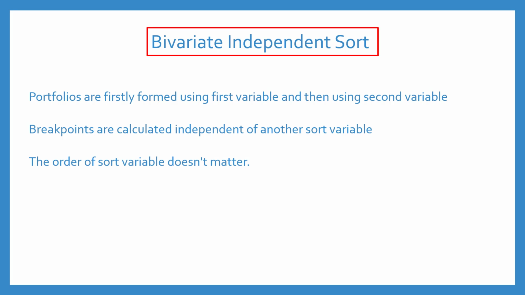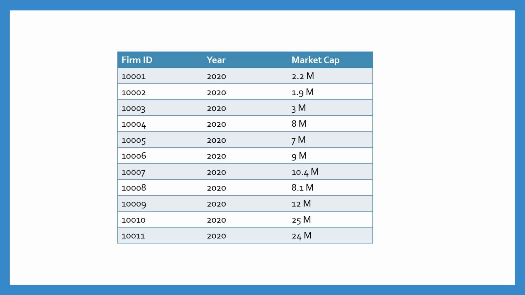The order of the sorting therefore doesn't matter, whether you first sort on the variable x1 and then on x2, or the other way around, first on x2 and then on x1.